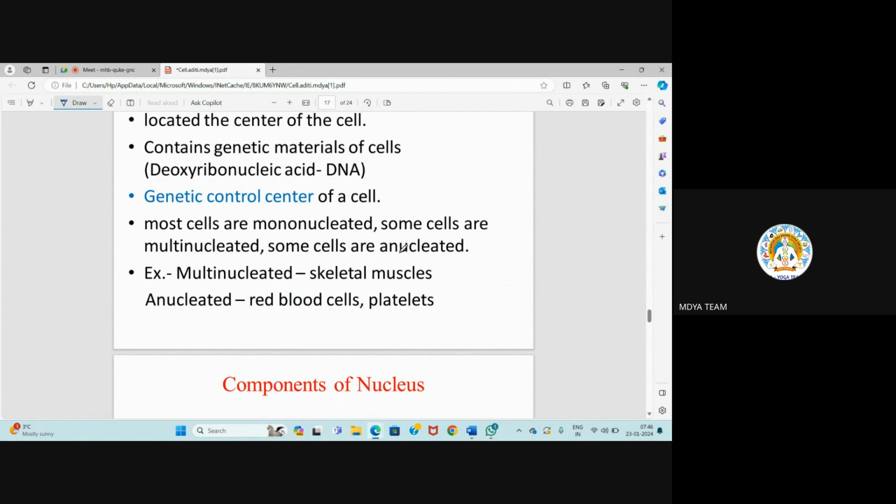They are known as anucleated. Examples of multinucleated cells are skeletal muscles, and examples of anucleated cells are red blood cells and platelets.